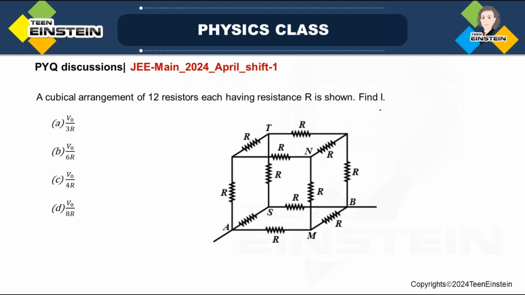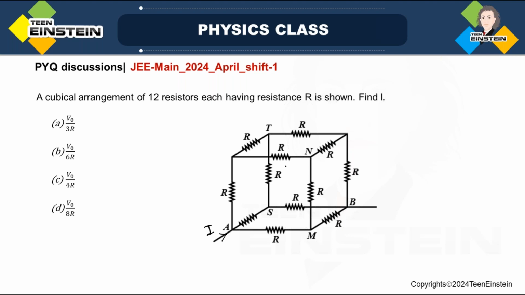You have to find the current I. Here I is entering the cubical arrangement of resistances. There are 12 identical resistances, as you see here. What is the magnitude of the current I?